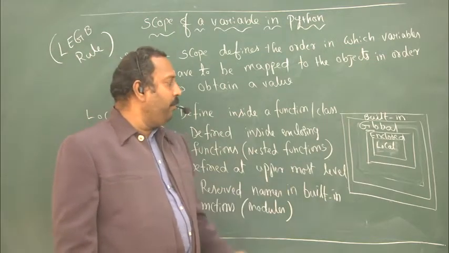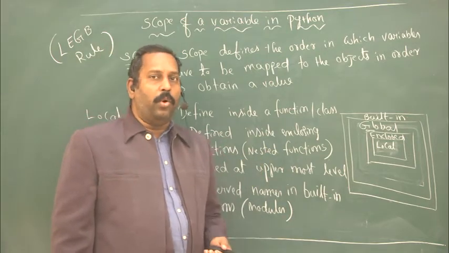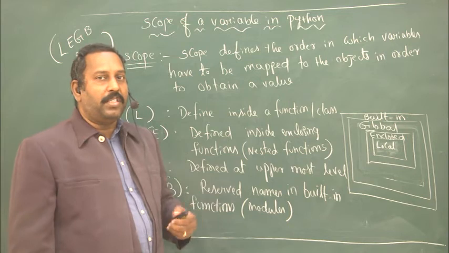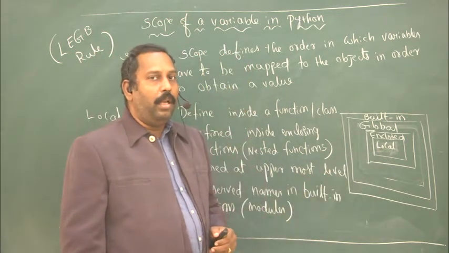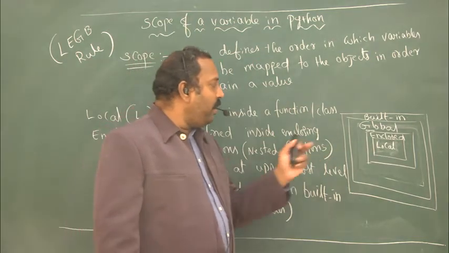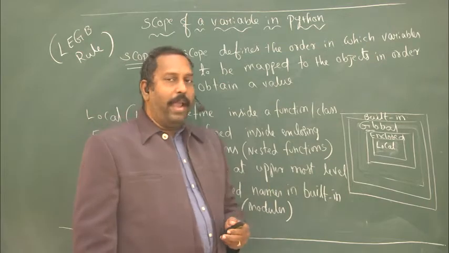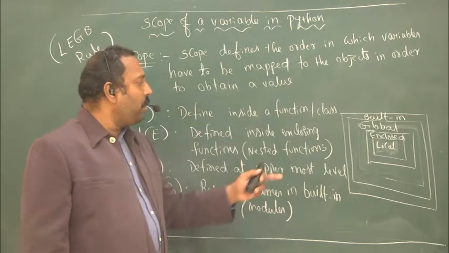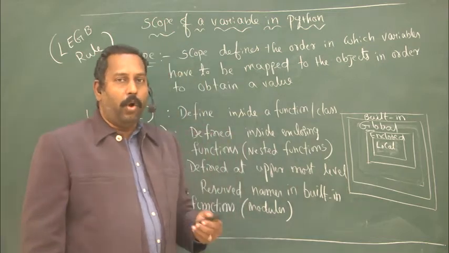So here you see, suppose the variable is common in all the scopes, always first it will check the local scope. If it is not identified in the local scope, then it will check the enclosed scope. If it is also not available in the enclosed scope, then it will check the global scope.